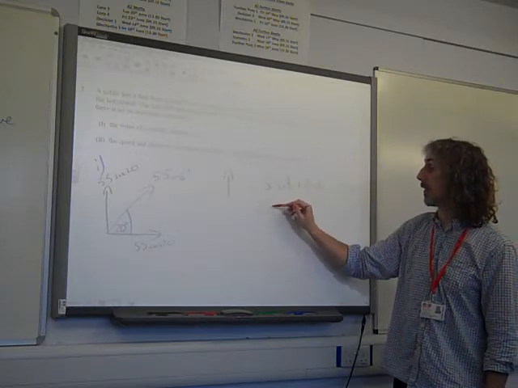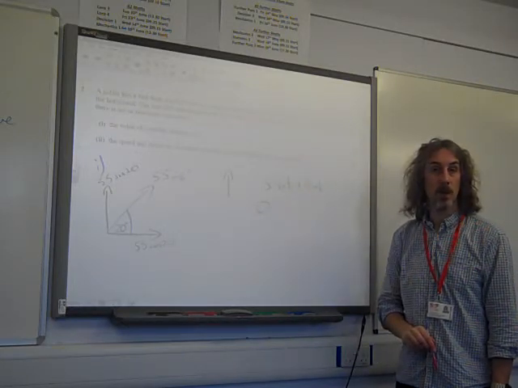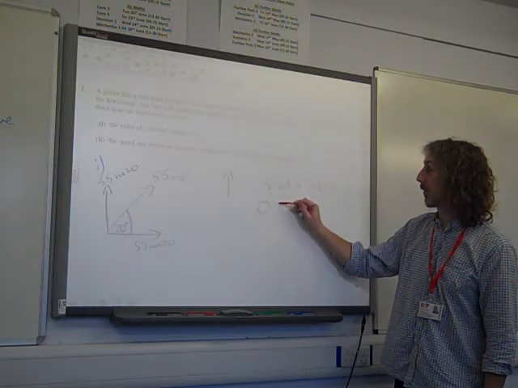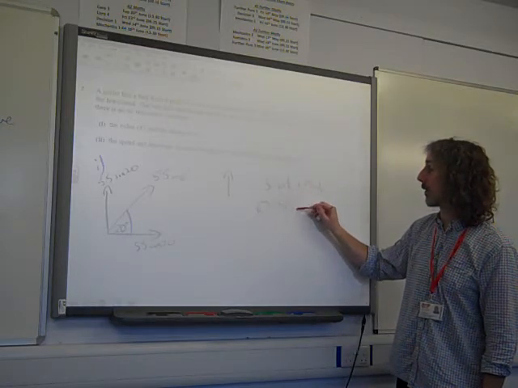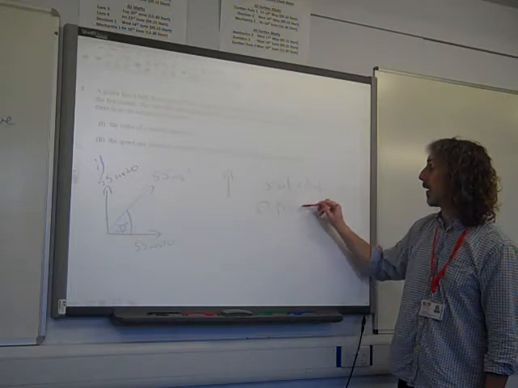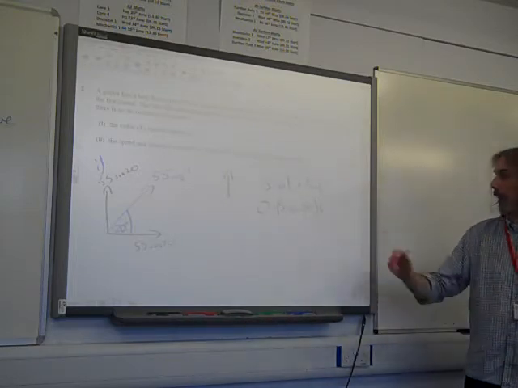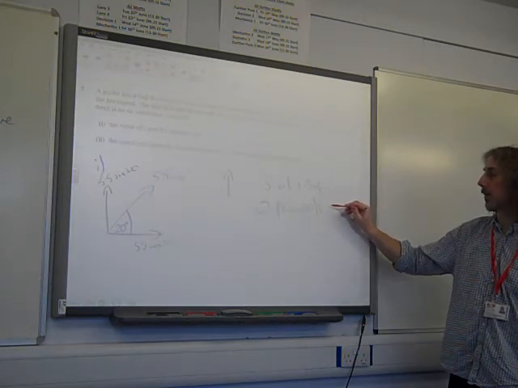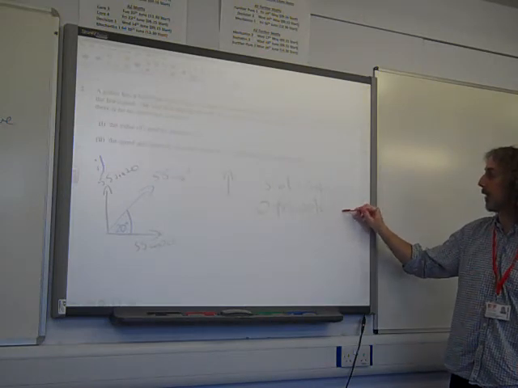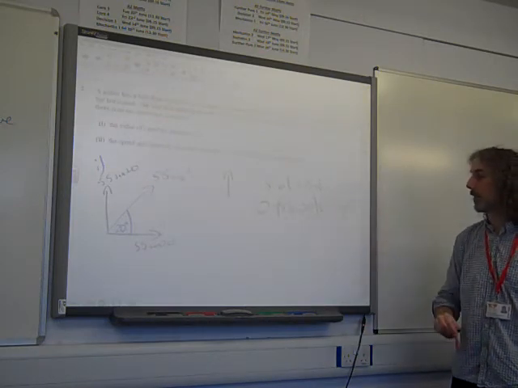Our displacement is going to be 0. We've got the vertical component of the velocity times t minus a half g t squared.